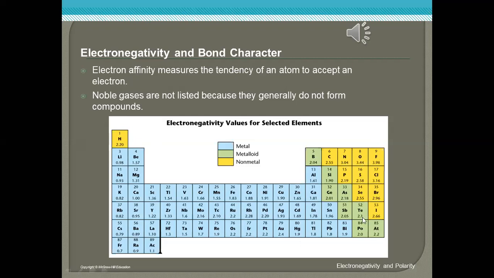Then the elements with the highest electronegativity at the right side of the table are called halogens.